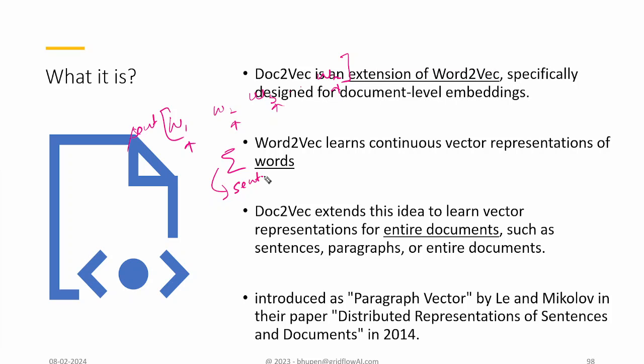That's one of the simplest ways it can be done as well. But that's not what we are discussing here. Mikolov and team suggested a slightly better approach than simple aggregation in the paper Distributed Representations of Sentences, published in 2014.